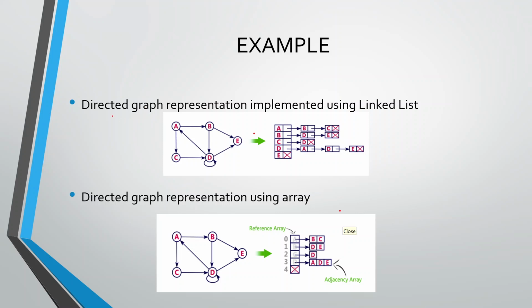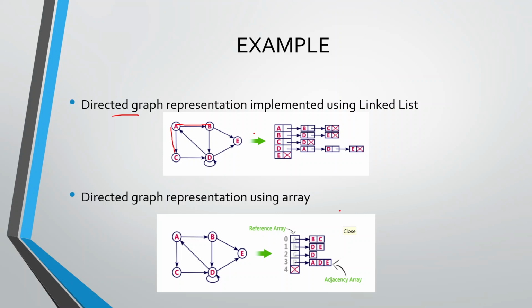So see here, a directed graph implemented using a linked list. A is one node, and we represent it in a node representation. The address of B I am going to store in A. So A to B, then A to C. That is one representation.